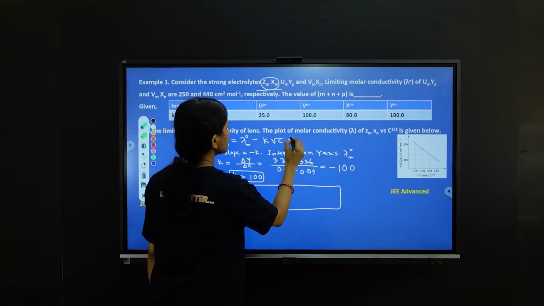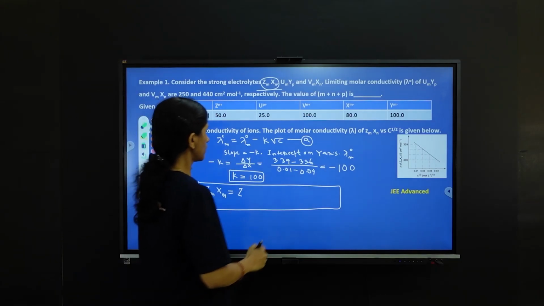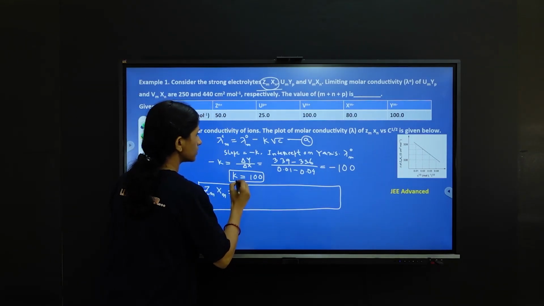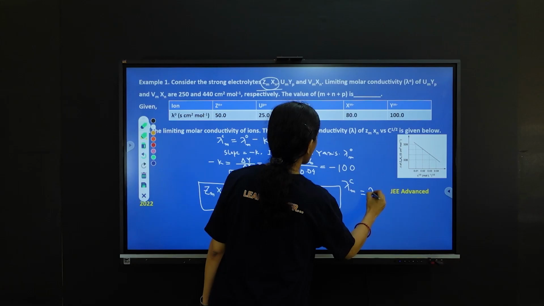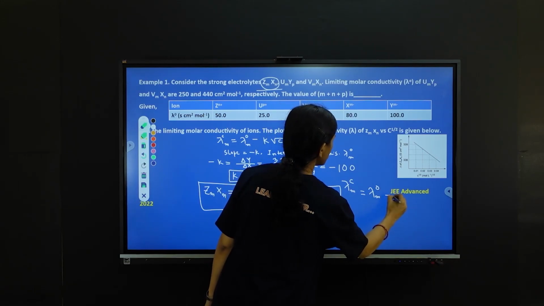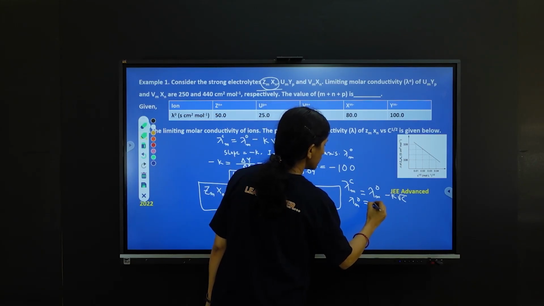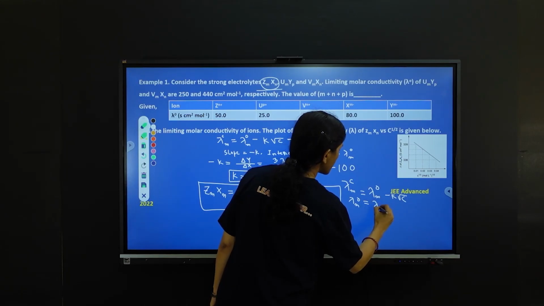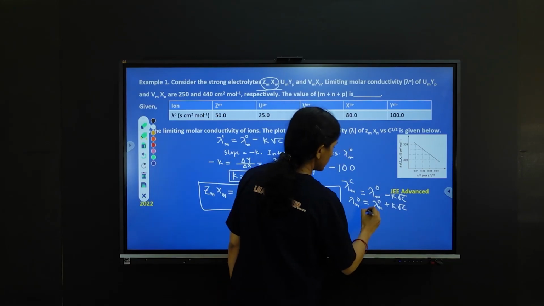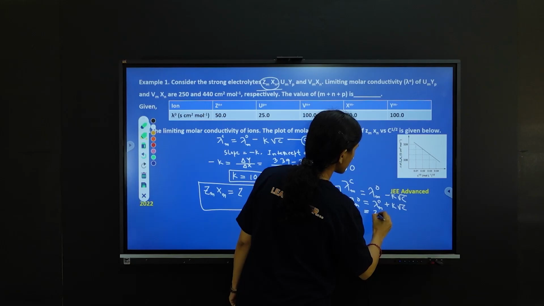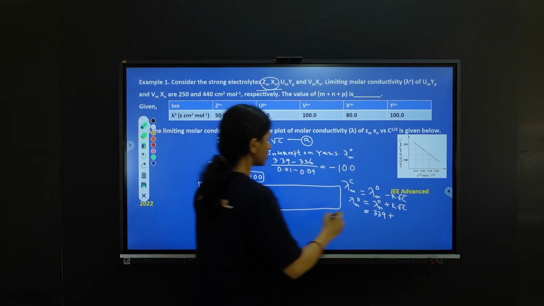So from this equation, if I name it as A, we can write lambda m at C is equal to lambda m0 minus kappa root C. So lambda m0 from this equation will come out as lambda m at C plus kappa root C. For lambda m at C, you can use this value of 339, plus your kappa has come out as 100.